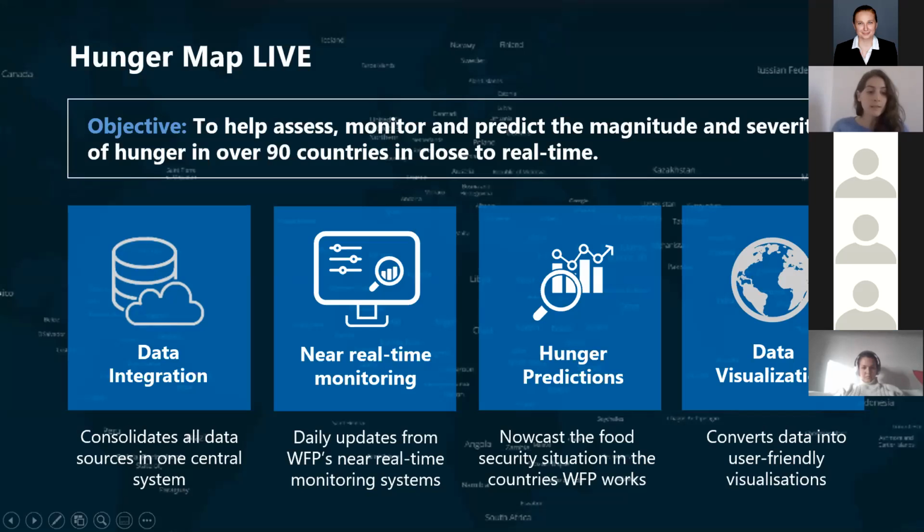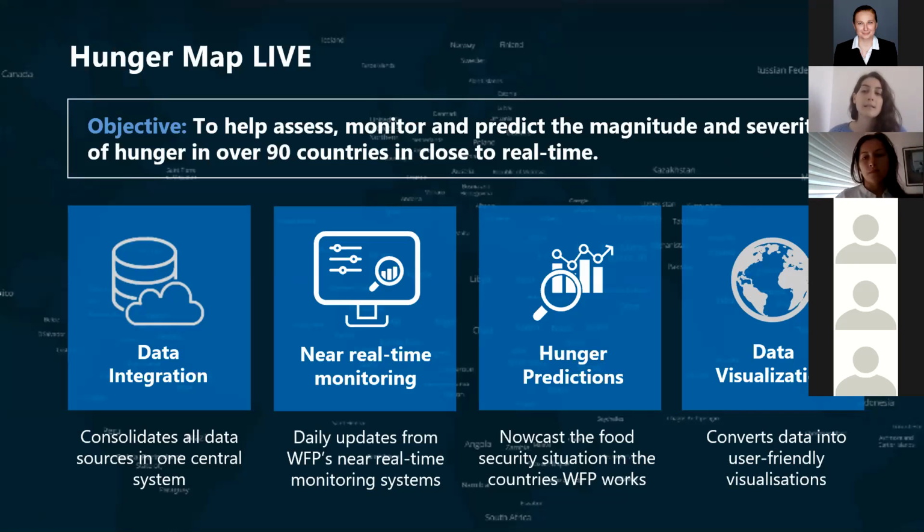Well, first of all, there's a data integration component. One of the big efforts that we had to do was to integrate a variety of data sources, one of which is our near real-time monitoring systems. As WFP, we conduct surveys on a daily basis, through remote phone calls, to obtain household information to compute the indicators of interest for our food security analysis.